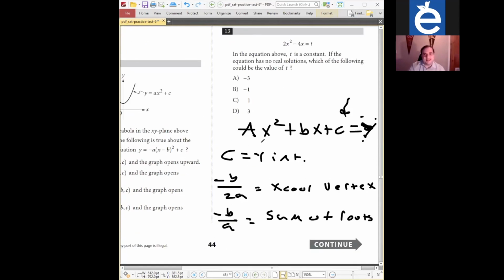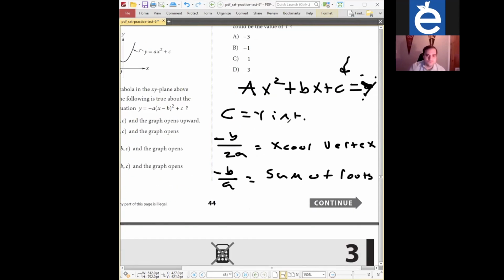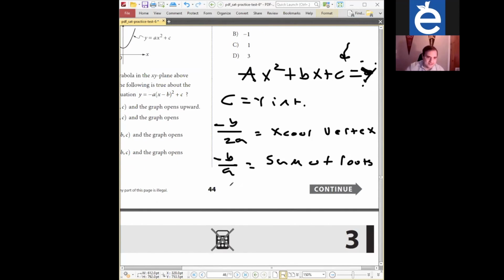If you looked at standard form and did negative b divided by a, you would get 4. You would just get what you got when the x-intercepts were added together. And then C over A, that is the product of the roots.